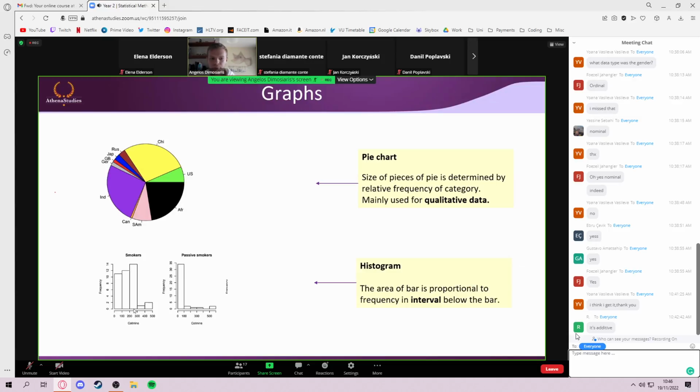So they're continuous, as you can see. And the area of the bar is proportional to the frequency. So how frequent are the values at the x-axis. So proportional to the frequency in the interval below the bar. Below the bar, what is that? The x-axis.